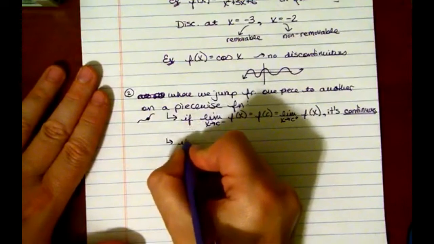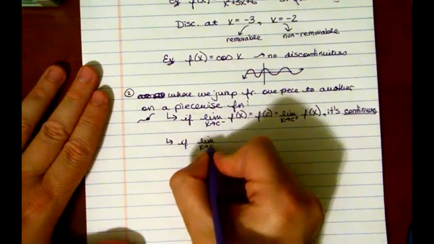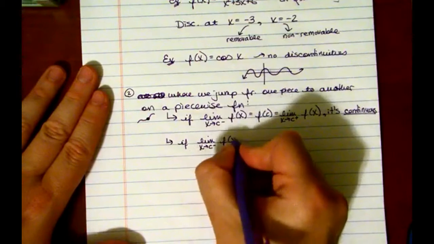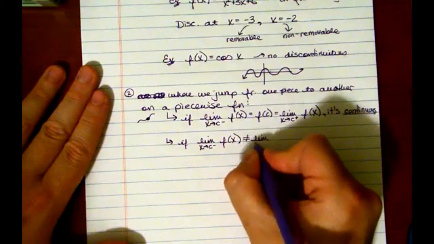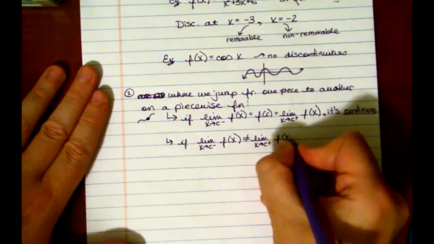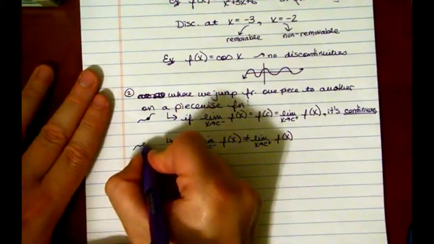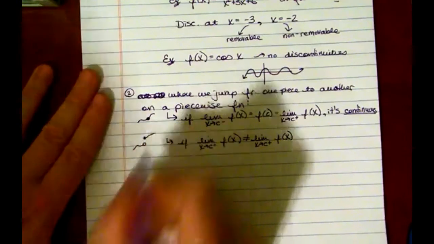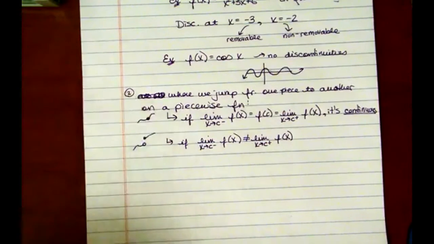Next, if the limit as x approaches c from the left of the function f of x does not equal the limit as x approaches c from the right of the function, so maybe something like this. Well, if that's the case, what sort of discontinuity do I have there?